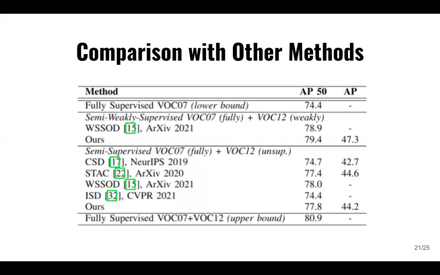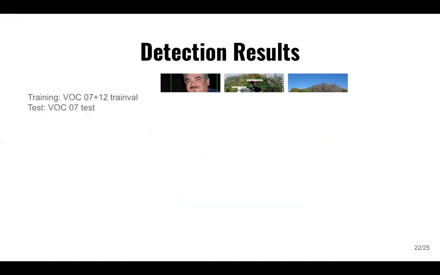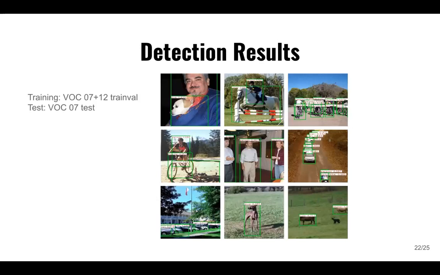And this is the comparison, and we also see that our performance gets close to the upper bound where we provide all the annotations. And here we have some detection results from the VOC 2007 test set.